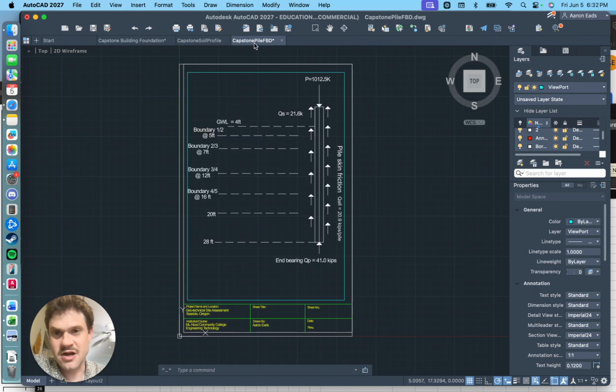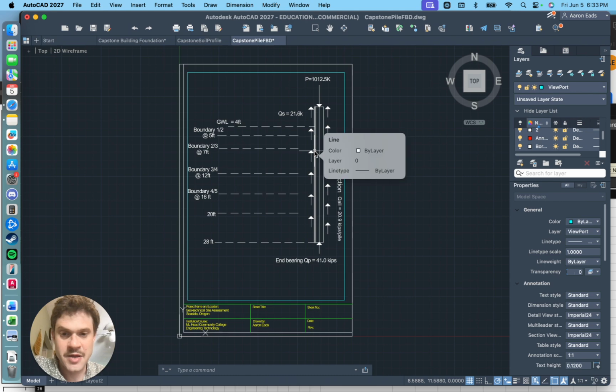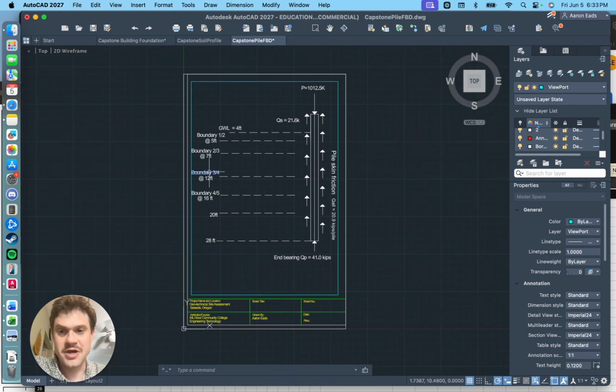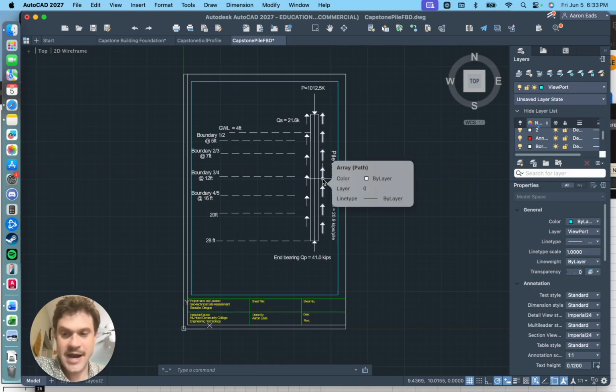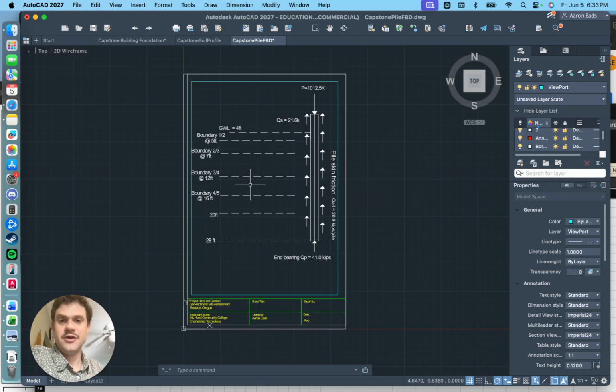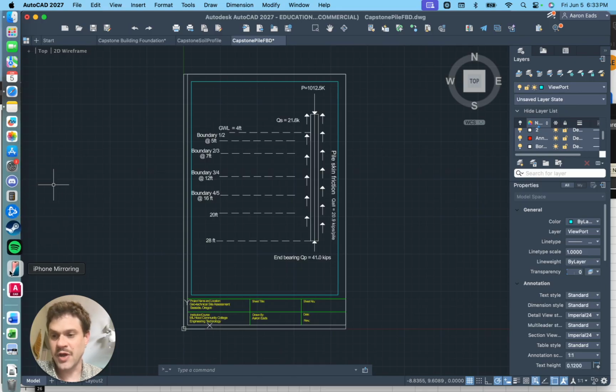And then based off of that, I made a pile free body diagram showing the depths, the actual pile, and the forces acting on the pile. You have skin friction of the soil acting against the pile, the actual forces of the building coming down, and the end-bearing. So that was a big outline of my project.